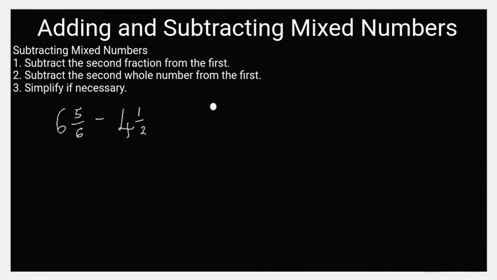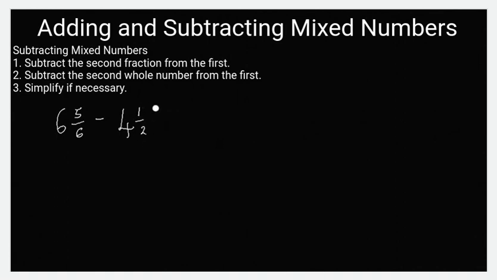So we look for the least common denominator of 6 and 2. We can actually do this mentally. This is 6, this is 2. If you multiply 2 by 3, you'll get 6. And now you'll have the same denominator, which is our goal.